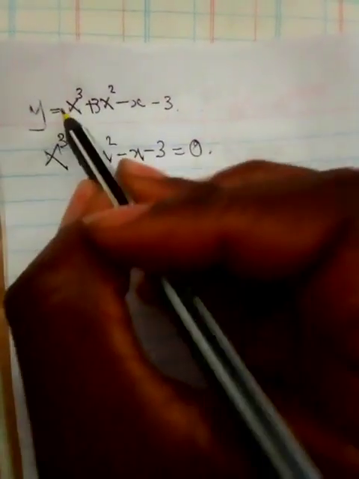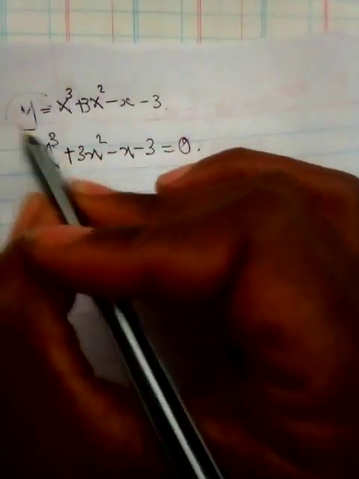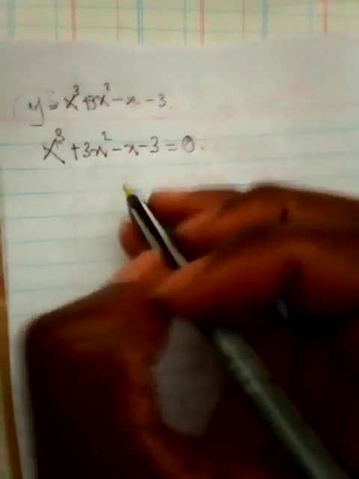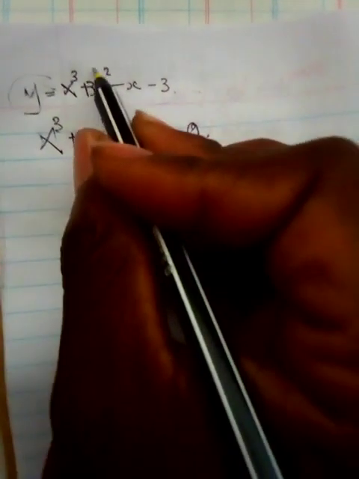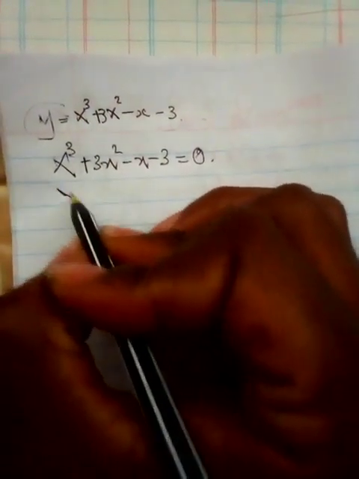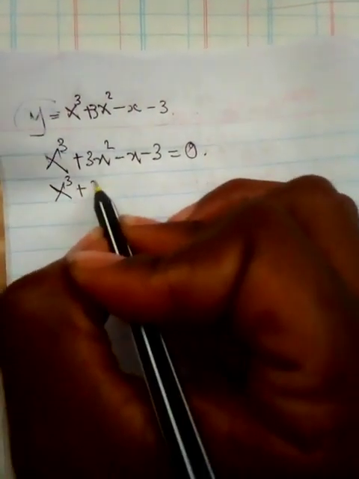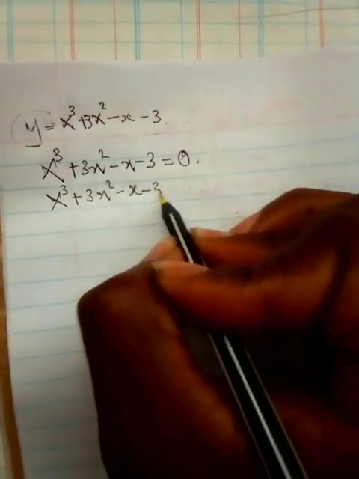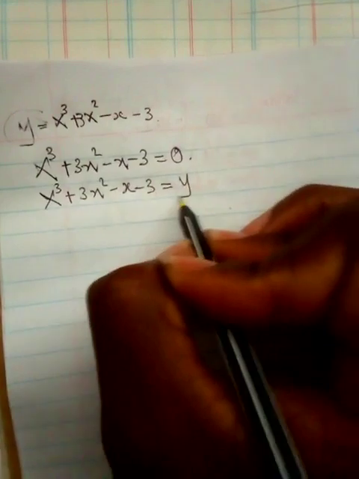Same thing, I can rewrite this in a suitable way that is going to be more like this one. If I make this the subject of the formula instead of y, I'm going to have x to the power 3 plus 3x squared minus x minus 3 is equal to y.